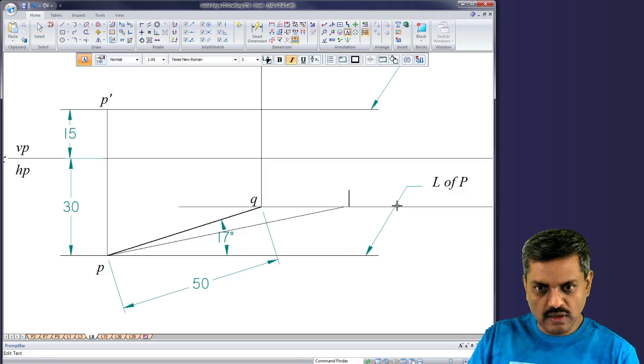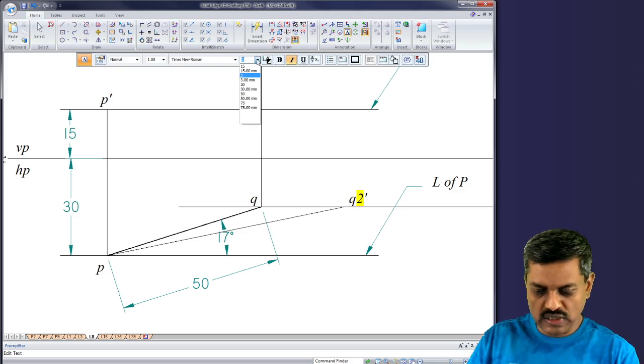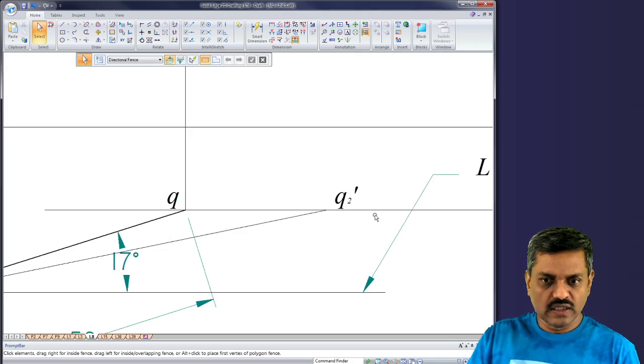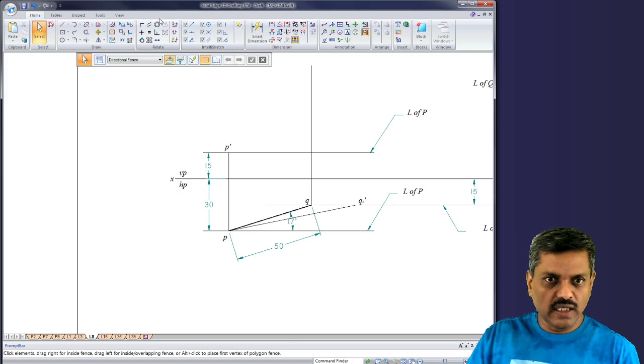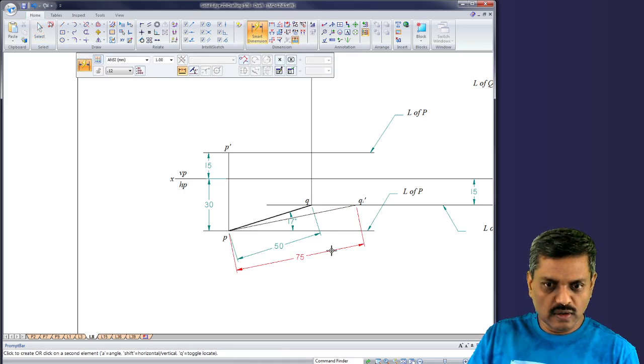So we call this as q2 dash. And then turn this to as 1. And I'm reducing the scale, that's all. So it is q2 dash. And if you try to measure this, this is 75 mm.